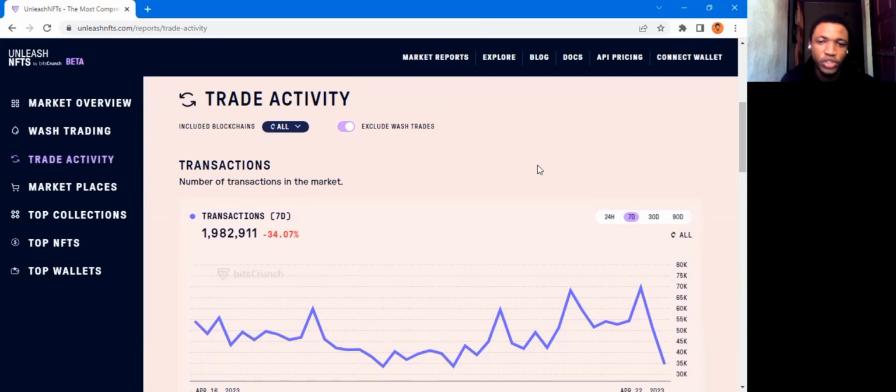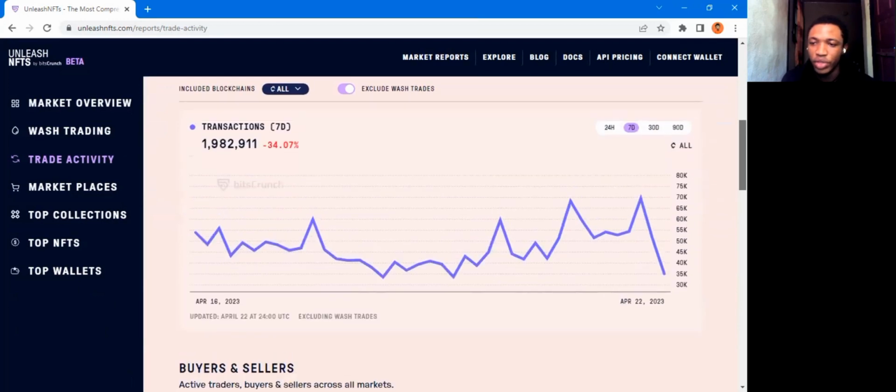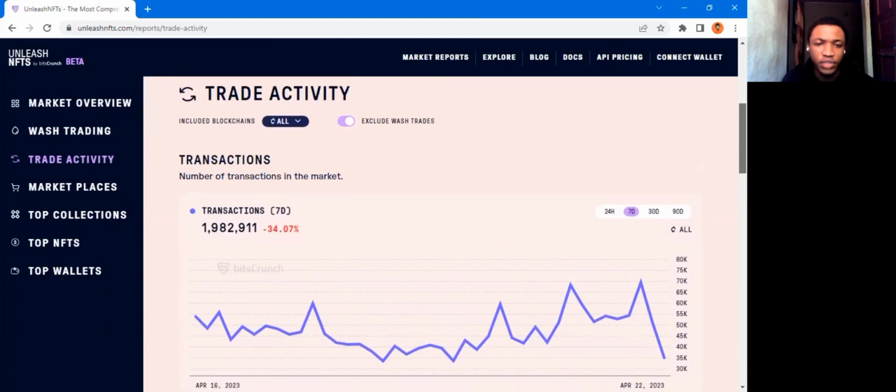Transactions has to do with the number of transactions in the markets, and as usual, we can change the range for that data by 24 hours, 7 days, 30 days, or 90 days, depending on what you're interested in. And by the number we have here, we have had 1.9 million transactions in the last 7 days.